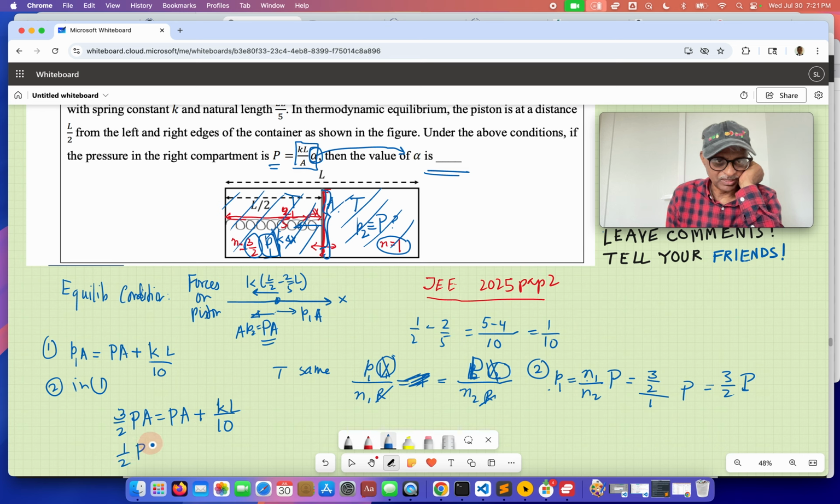Simplifying, half PA equals KL over 10, so P equals KL over A times 2 by 10. So that's what alpha should be. Alpha is 2 by 10, 0.2.